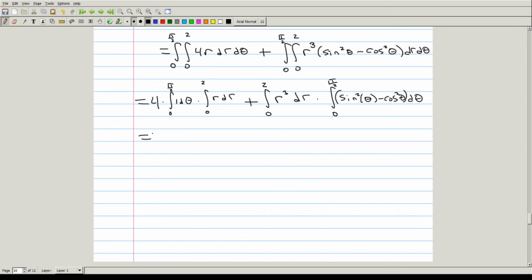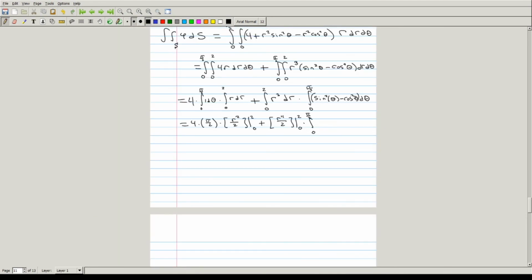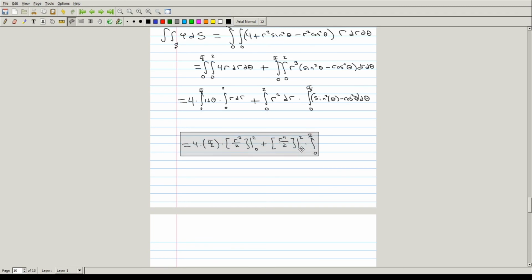And so this integral becomes 4 times pi over 2 times r squared over 2 from 2 to 0, plus r to the 4th over 4 from 2 to 0 times the integral from 0 to pi over 2. At this point, it's convenient to use the double angle formula for the sine squared minus cosine squared.